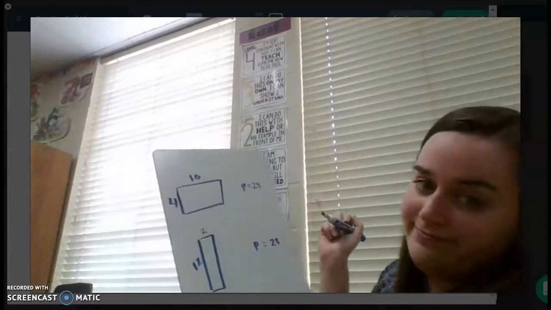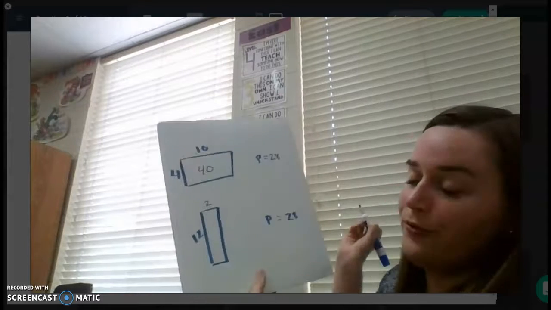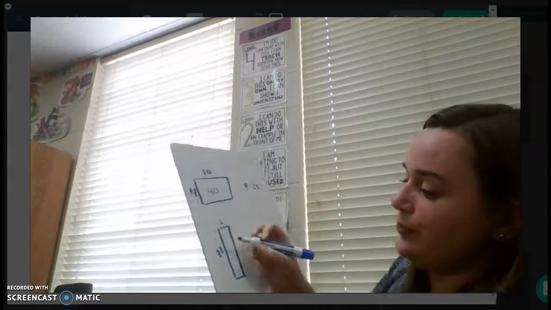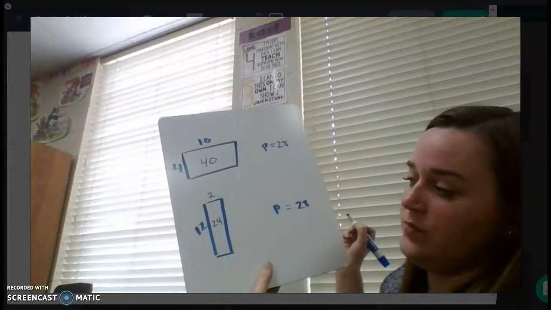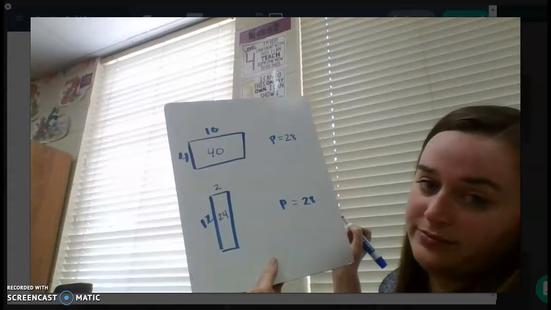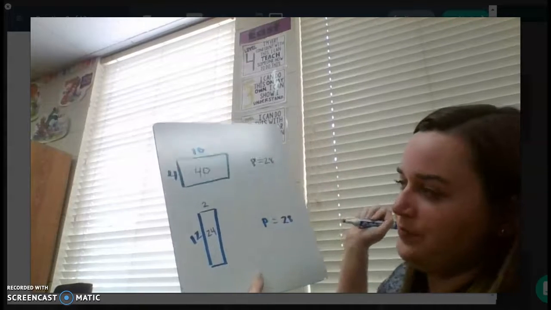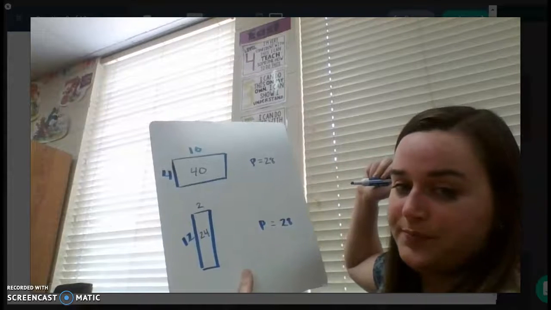What's 4 times 10? 40. And what's 12 times 2? 24. Do you see how different those are? Same perimeter, different area. So you can do something like a picture and you can submit it onto Seesaw.